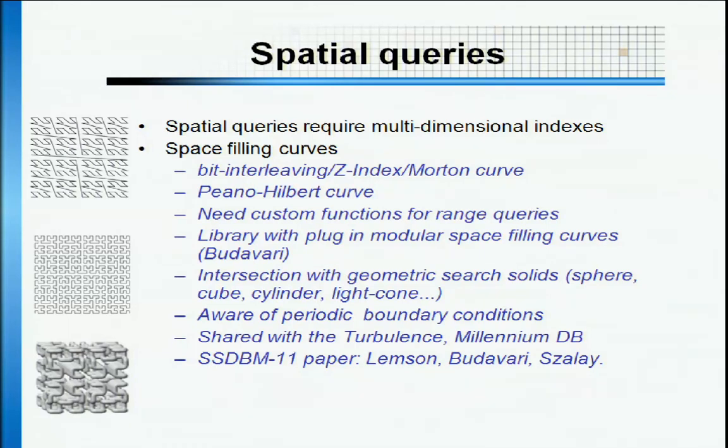The nice thing about it is the library has a generic interface to space filling curves, and we can drop in basically any implementation. We have a little plugin module for different space filling curves, and the rest of the library works. And we have search solids, but even light cones, which have the ability to look back in time, as we intersect the replicated periodic boundary condition volumes.